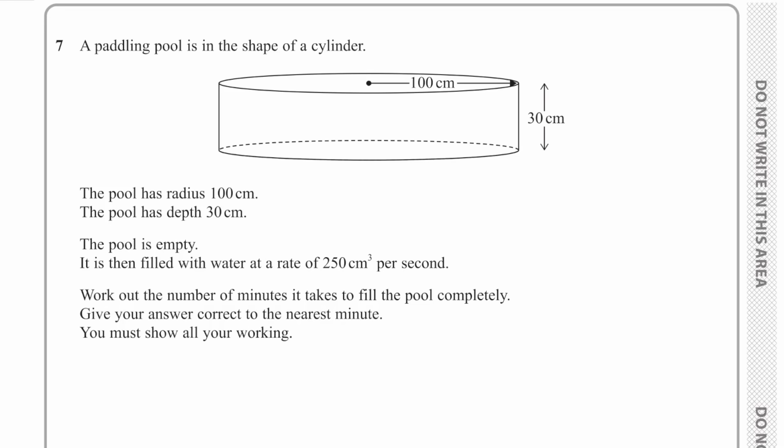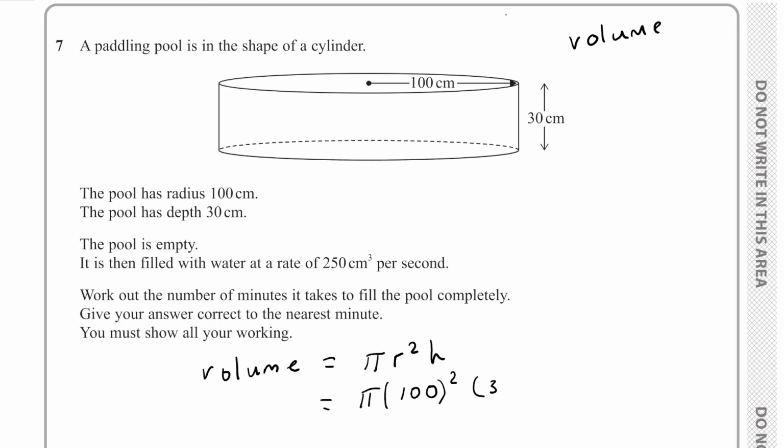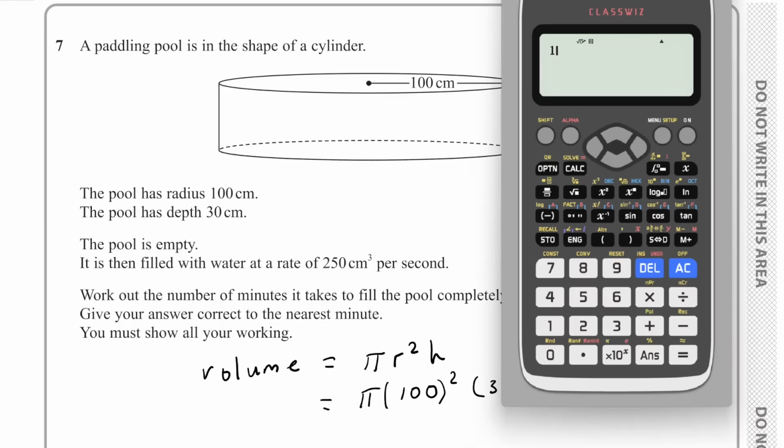So we need to work out the volume of the cylinder. And the volume is the area of the cross-section, area of the circle, pi r squared, times the height, h. So pi times 100 squared times 30 is going to be the volume of our pool.